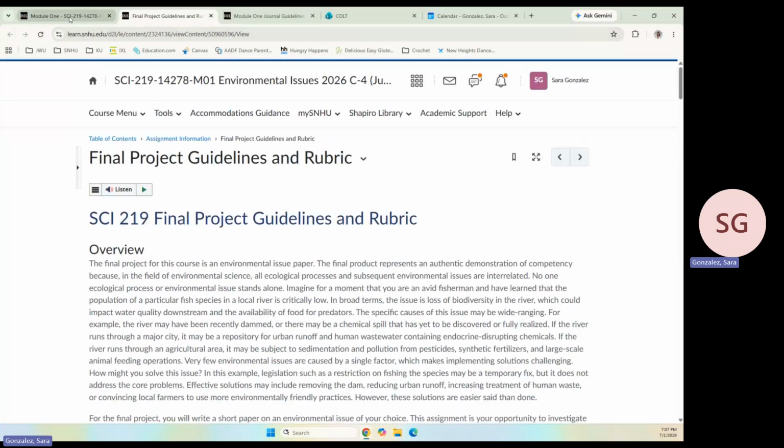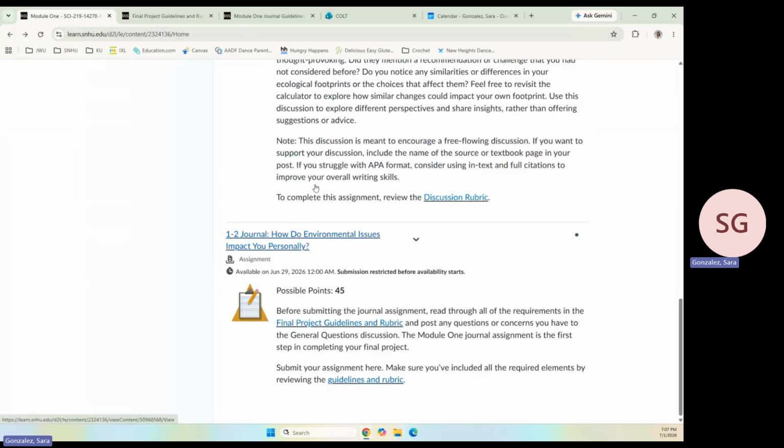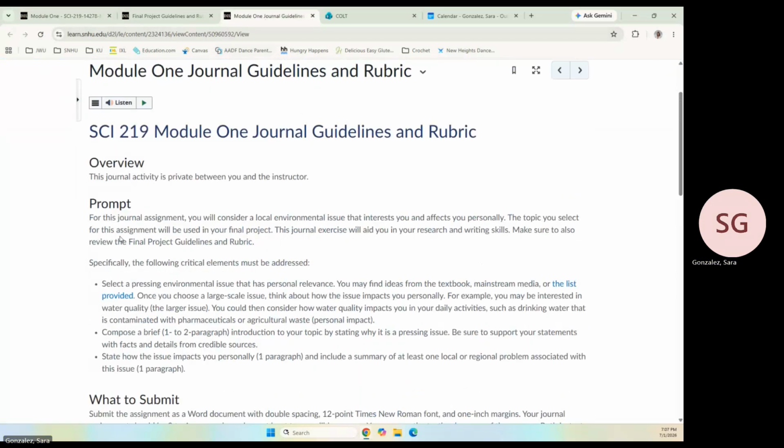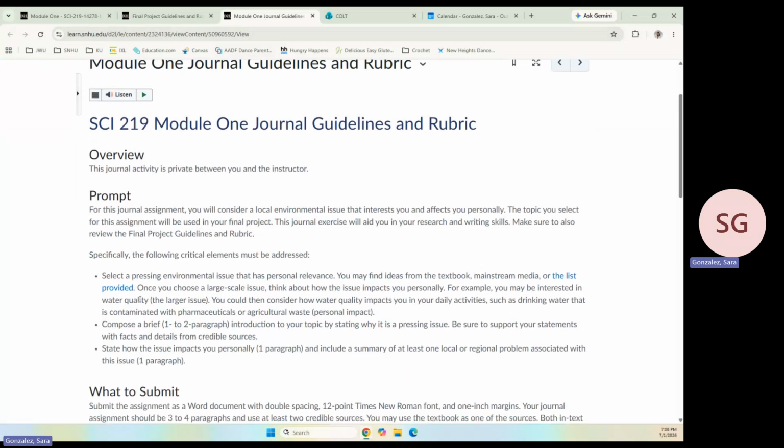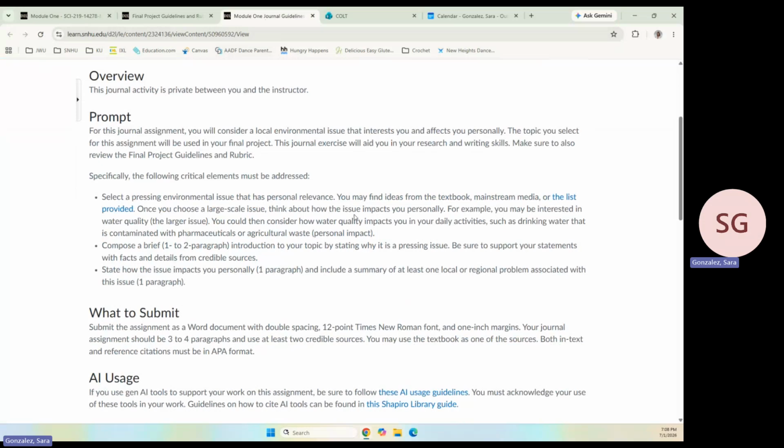And then what is due for this week is this guidelines and rubric. For your journal assignment, you're going to consider a local environmental issue that interests you and can affect you. For instance, if you live in Flint, Michigan, maybe you want to talk about the water crisis going on in Flint, Michigan. You're going to select an issue, and anything from the website or textbooks, or there's also a list here.